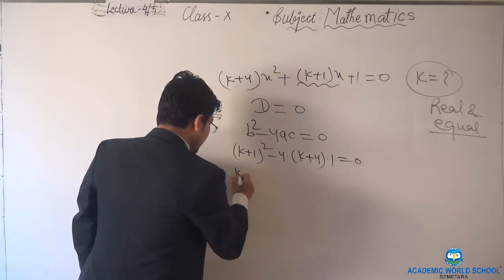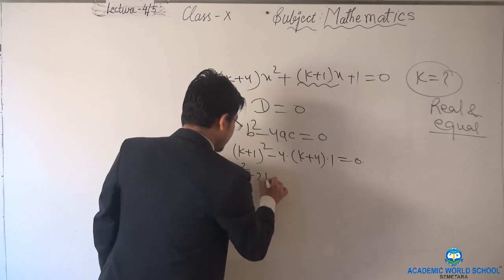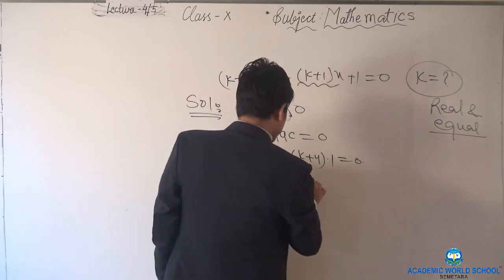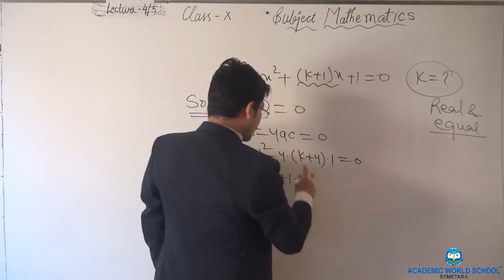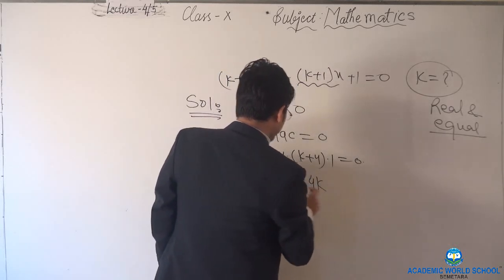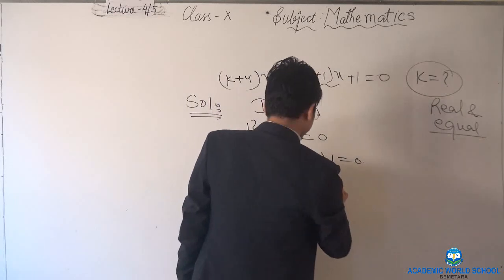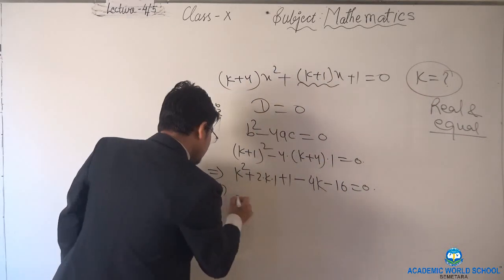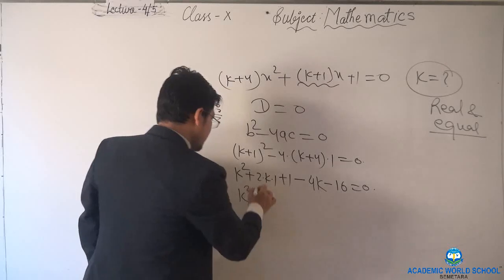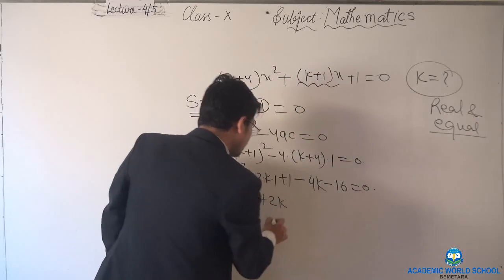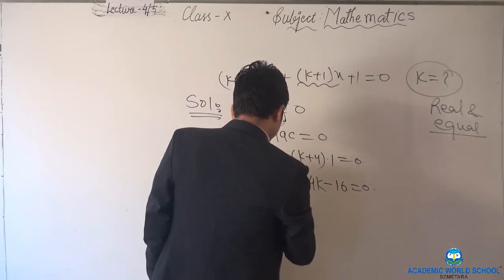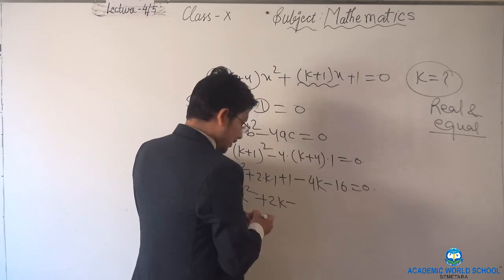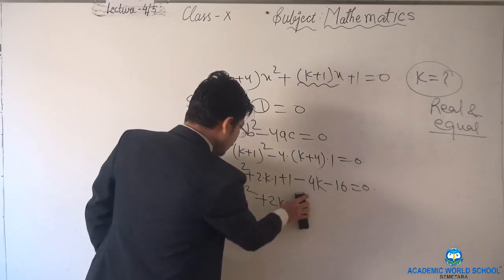This is a square plus 2 into a into b plus b square, means k square plus 2k plus 1 square, and now this is minus 4 into k plus 4, minus 4k minus 16, is equal to 0. So this is k square plus 2k plus 1, this we are going to solve directly. So this is 2k.